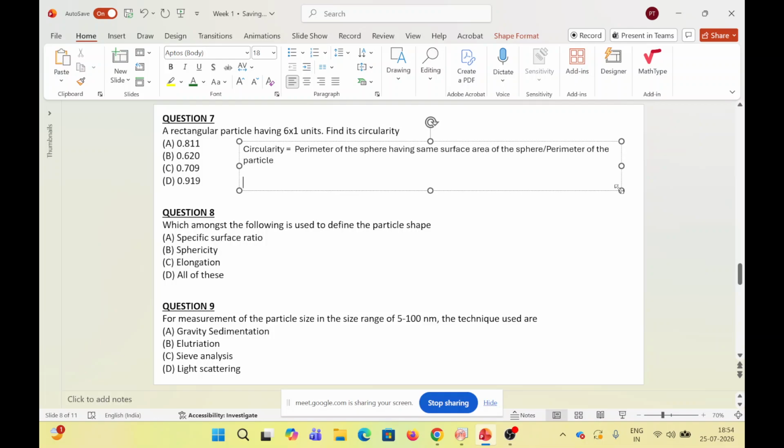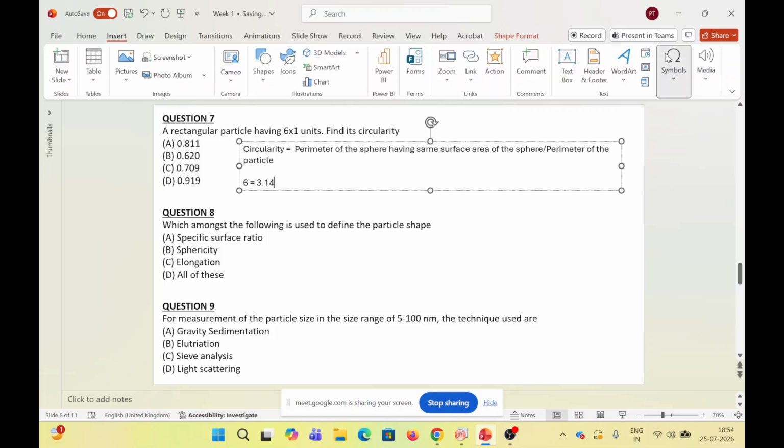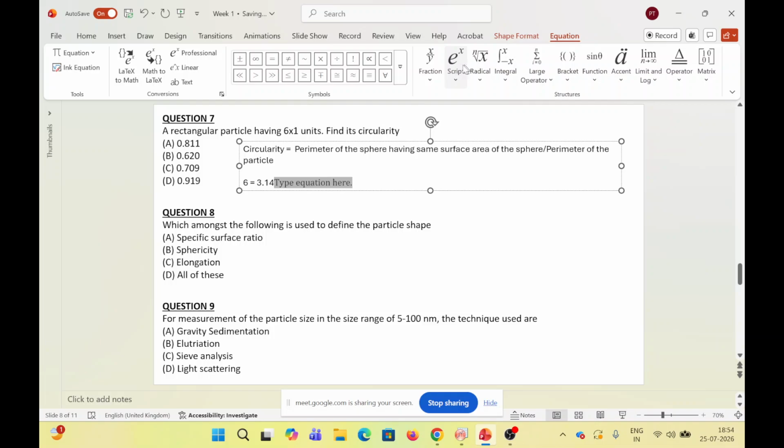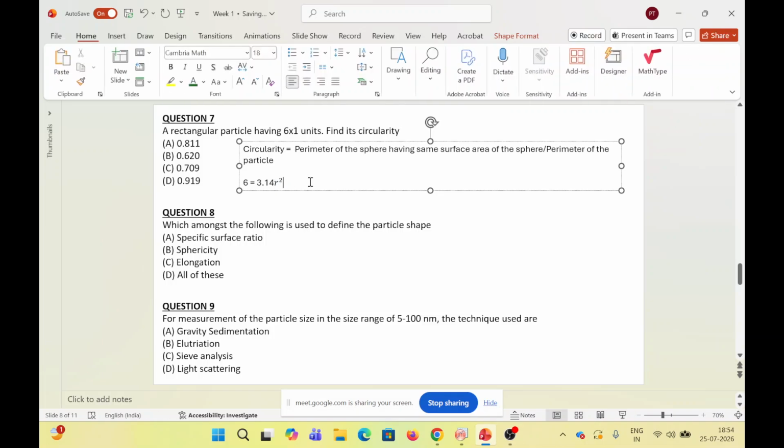So just take the surface area. The rectangle has a surface area of 6, because 6 into 1 units. This is equal to pi r squared, that is 3.14 r squared. And then from here you calculate the value of r.